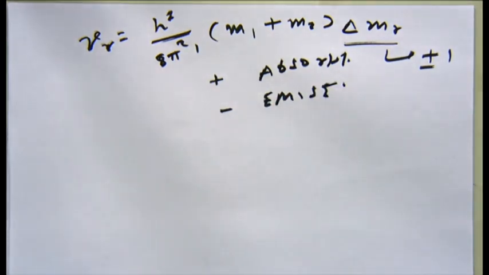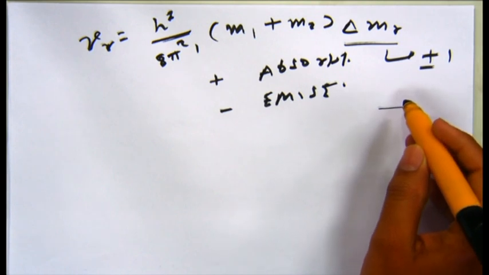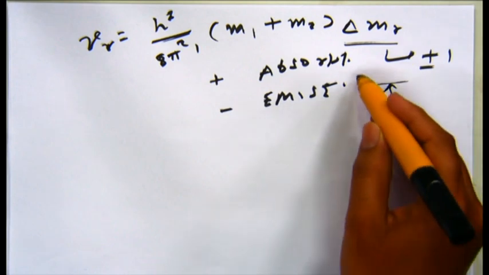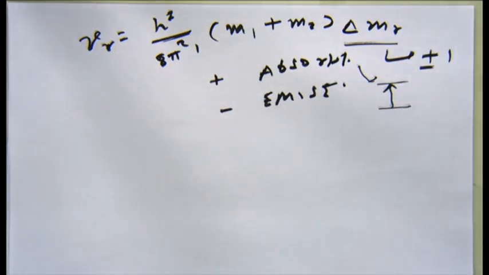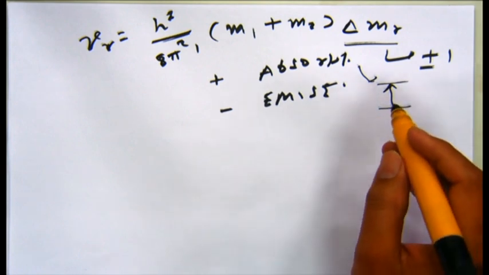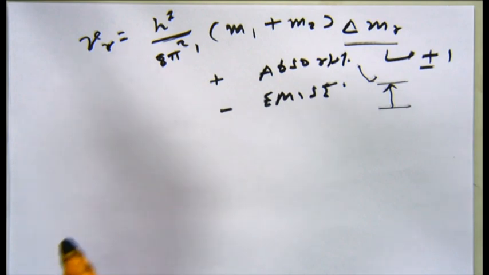So if an atom or molecule is making a transition from the lower energy level ER1 to the energy level ER2, this is called absorption. So this energy is being absorbed. With respect to this molecule, energy is gained by the molecule, so this is indicated by the positive sign.